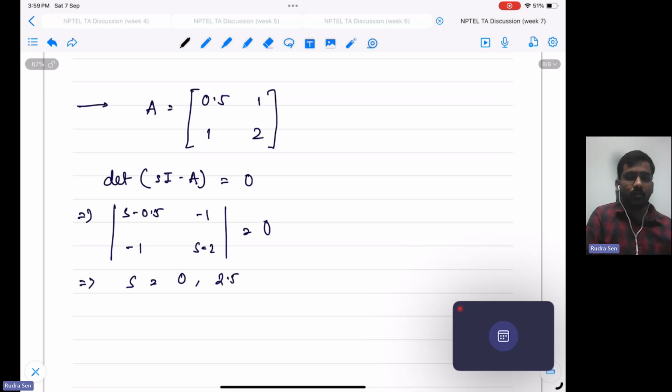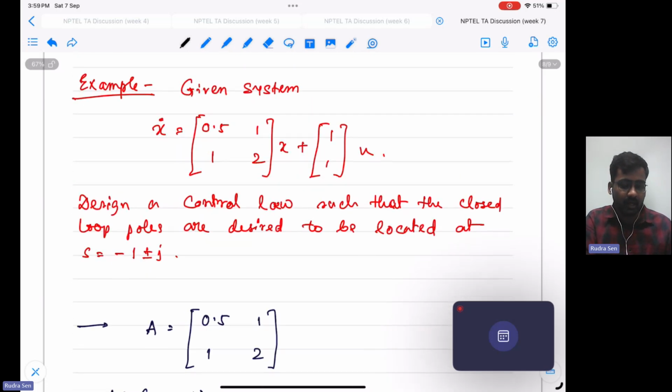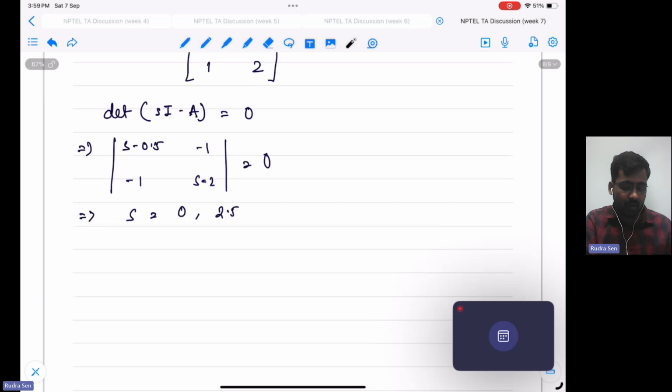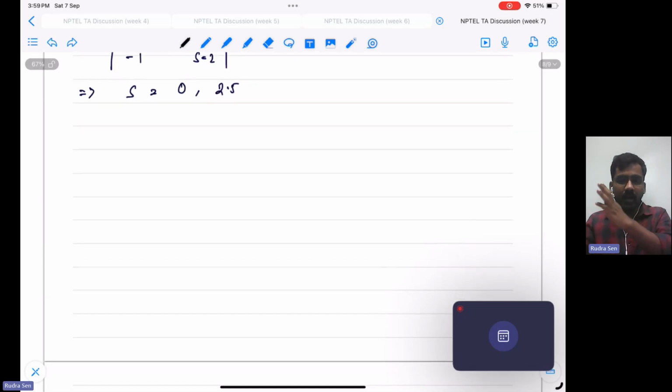So you can see our system is basically unstable without any control law, because an eigenvalue lies in the right half of the complex plane. So we have to stabilize the system. We have to shift the system's eigenvalues from the right position to the left position.